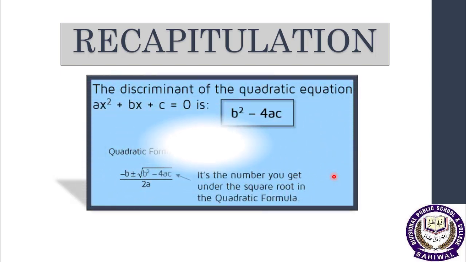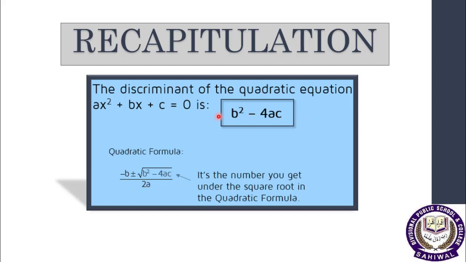Now let's recapitulate today's lecture. Today we have discussed the discriminant of the quadratic equation ax square plus bx plus c equal to 0, and the value of the discriminant can be determined by the expression b square minus 4ac.